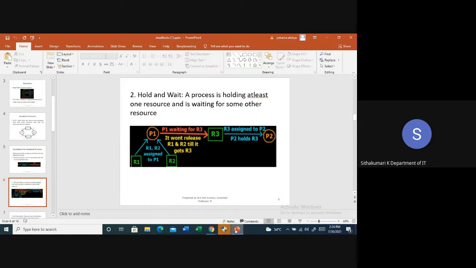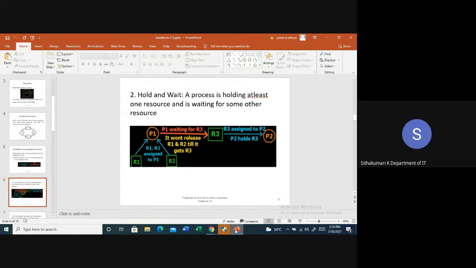Next condition is hold and wait. A process is holding at least one resource and is waiting for some other resource. So here the resources can be anything. CPU cycles are the resources, IO, hardware resources, files, all these are the resources. So to execute a process, it requires a number of resources.